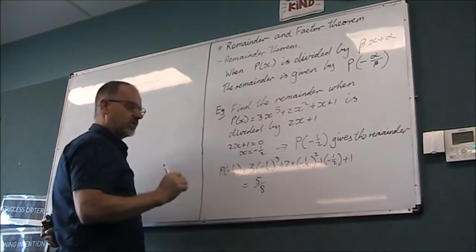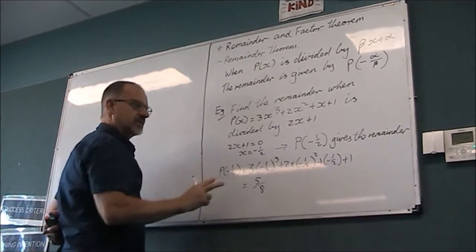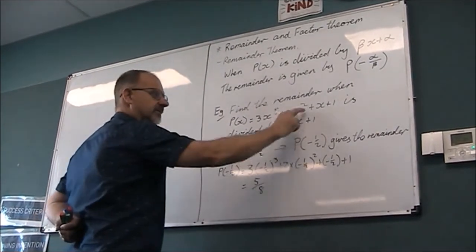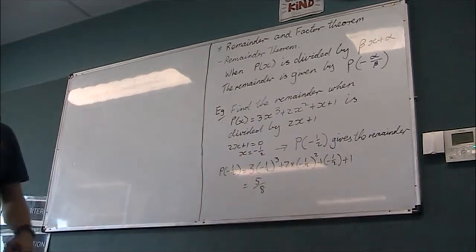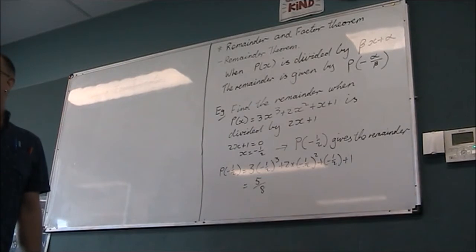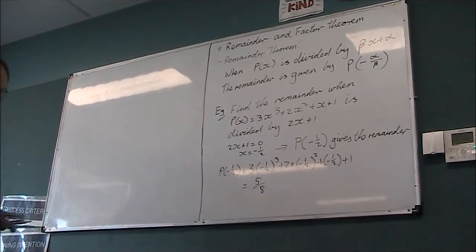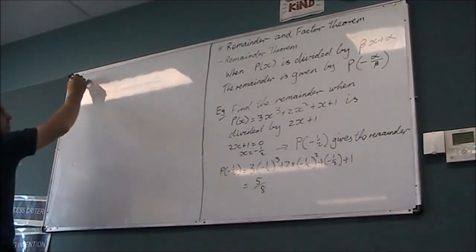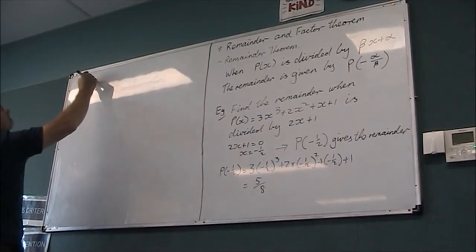What if the remainder was 0? Or something has a remainder of 0? It goes in evenly, and so if it goes in evenly, that means it is a factor. Exactly. And that is the factor theorem.